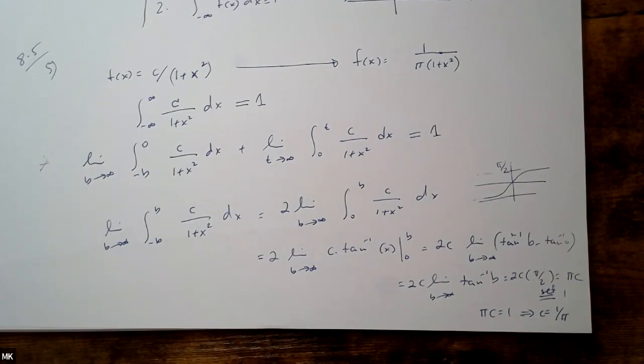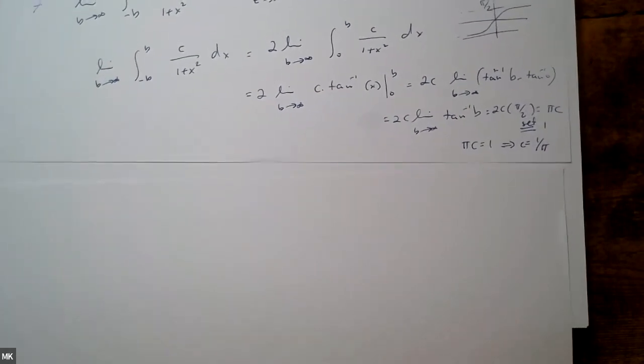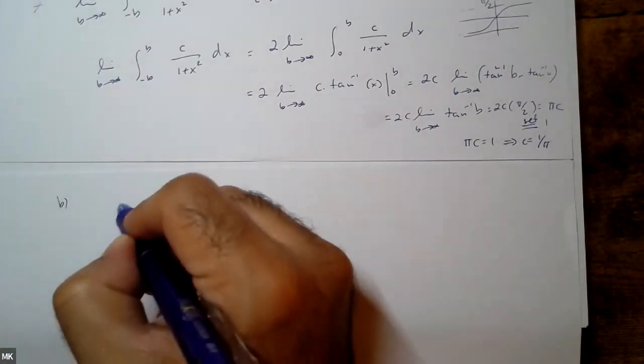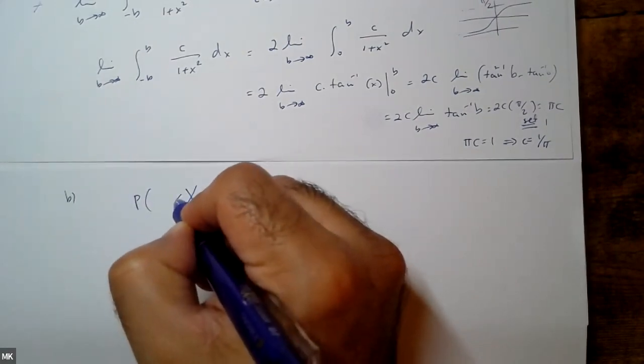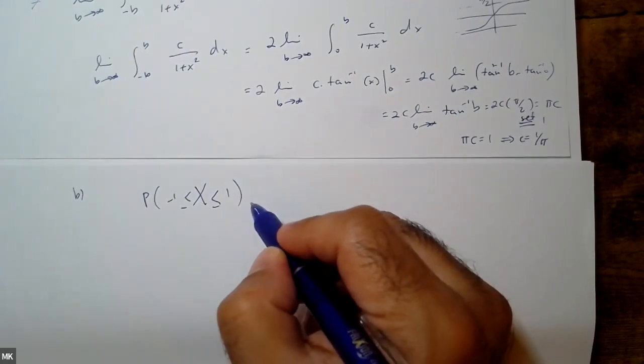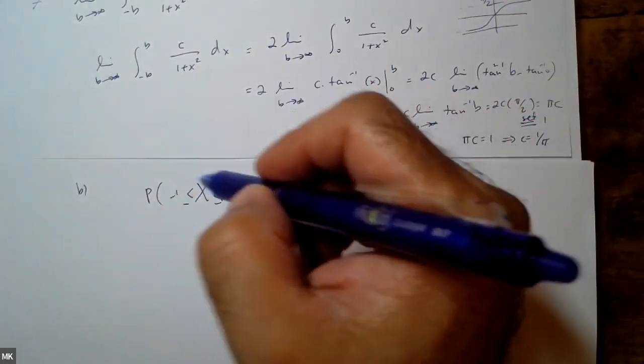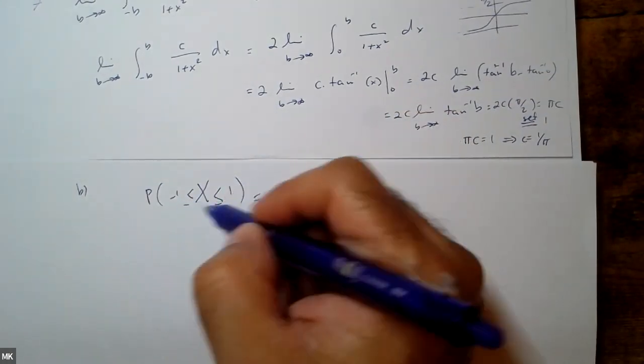Part B says for that value of c, find the probability of x being between -1 and 1. Now, the probability of random variable x being between -1 and 1 is basically saying I want to calculate the area below the curve from -1 to 1.